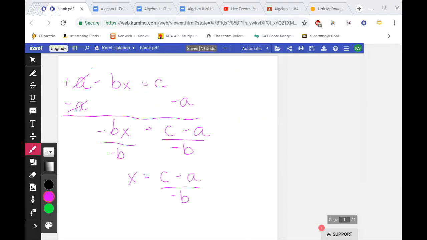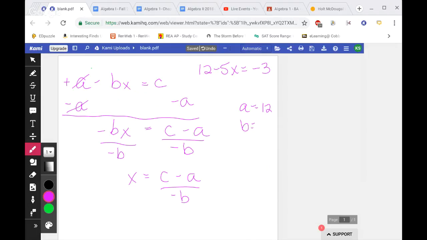Now, when you're plugging in your values on this one, all right, so I have that. So now let me go back to what I wrote down. For this one, a equals 12.